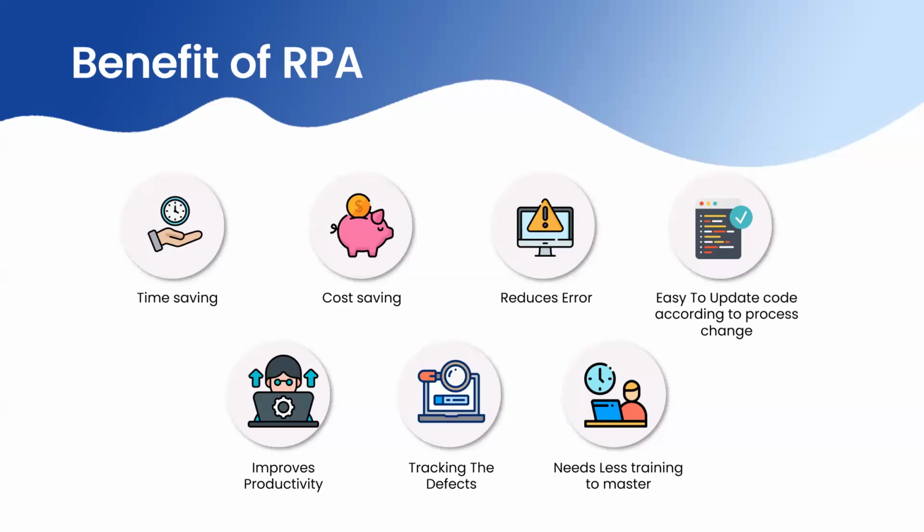Second is cost saving. How cost saving works: suppose you have created a bot code, now you just need a bot to run it. The person is doing the same task, but the person will take 4 hours, and the bot does it in 4 minutes, right?